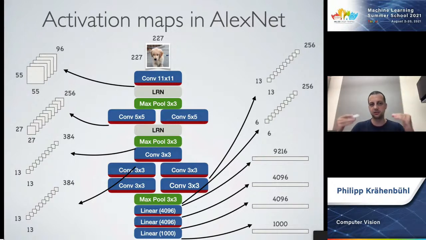As you go through the network, the spatial resolution of these maps gets smaller and smaller, but there are way more channels. So you get a lower and lower resolution representation of the image, but it gets more and more abstract and higher dimensional.